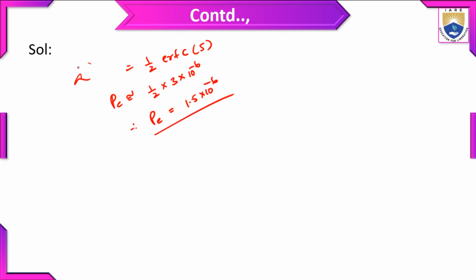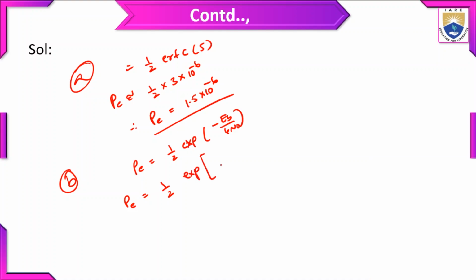This is part A. For part B, non-coherent version, probability of error is 1 by 2 exponential of minus E_b by 4 N0. So again, we substitute: probability of error is 1 by 2 exponential of minus 10 power minus 12 divided by 4.8 into 1 by 4 into 1 by N0.